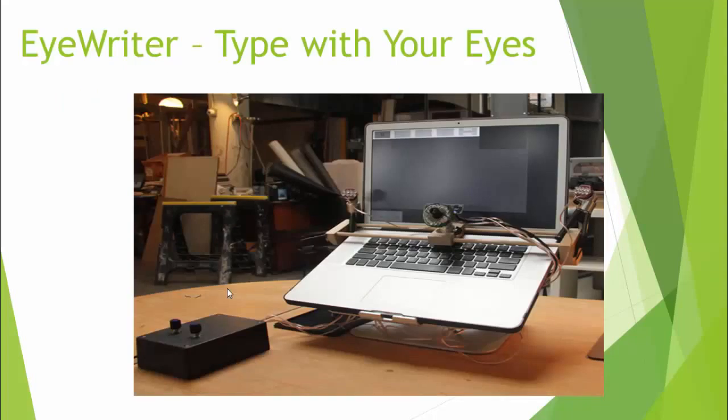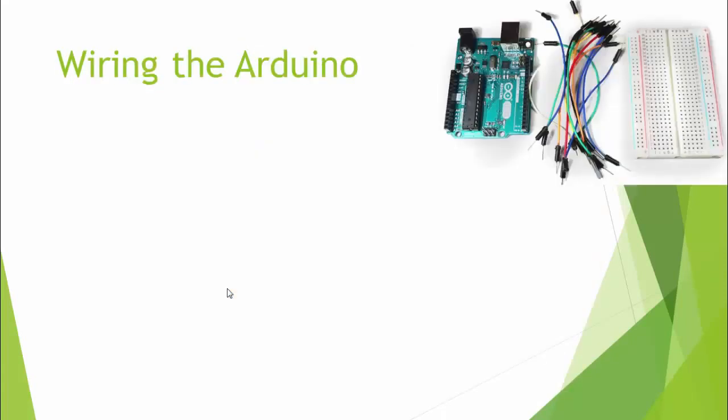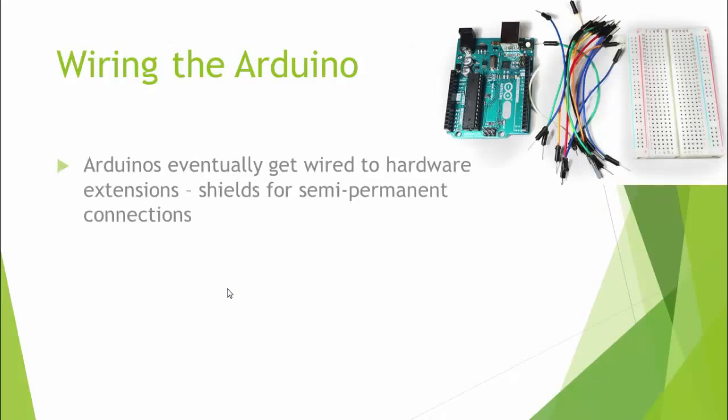Here's a maybe more traditional self-contained device, but still very interesting. It's an eye writer. It allows you to type on a keyboard using just the motions of your eyes. So how do we set up these kinds of devices? We wire up the Arduino.